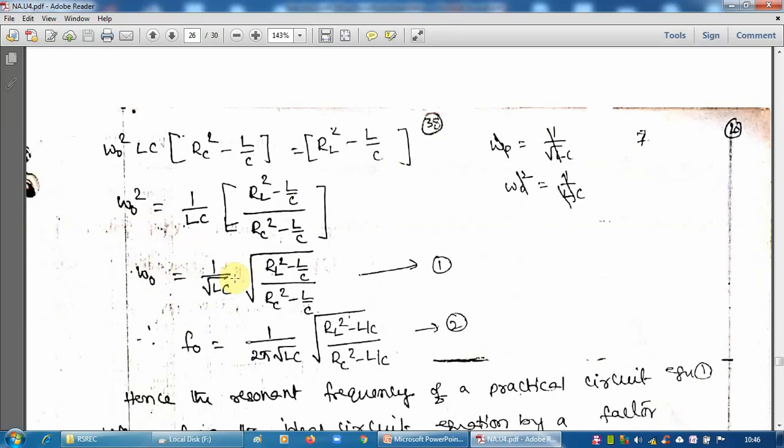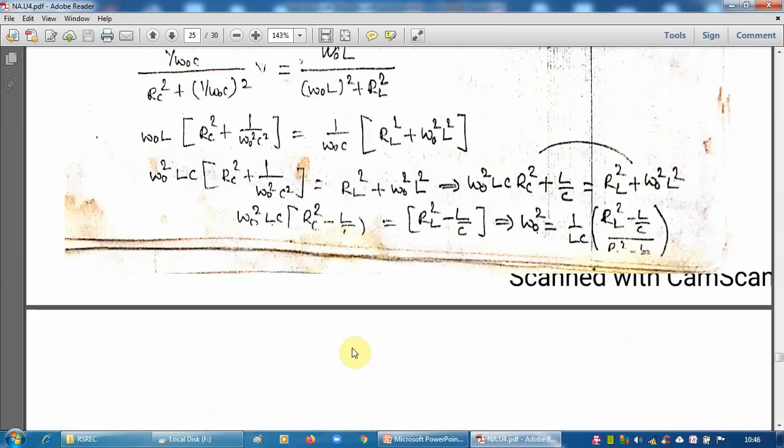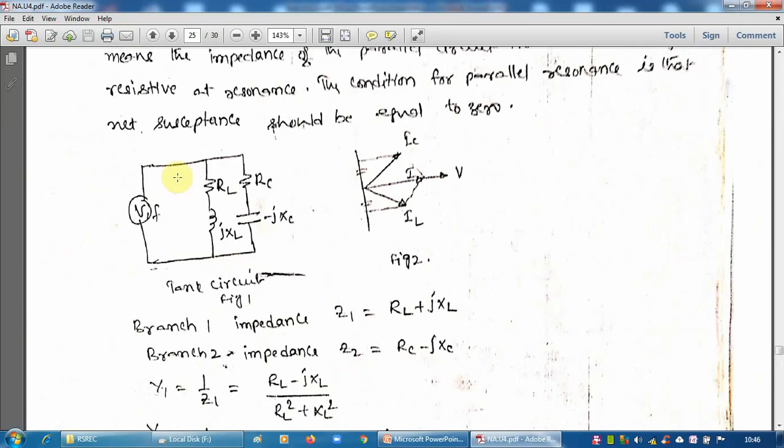From this, omega naught equals square root of this, and since omega naught equals 2 pi f naught, f naught is 1 by 2 pi root LC times this factor. So this is the expression for the resonant frequency of a practical parallel circuit.